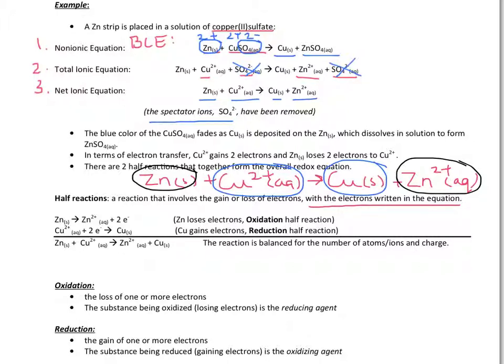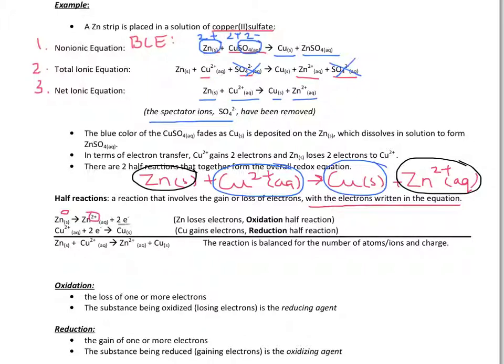For instance, let's look at the first half reaction with zinc. Zn solid on the reactant side has an overall charge of 0 since there's nothing there. Then on the product side, it has an overall charge of 2 positive. When we add electrons, since electrons are negatively charged, we will always add electrons to the higher charge.